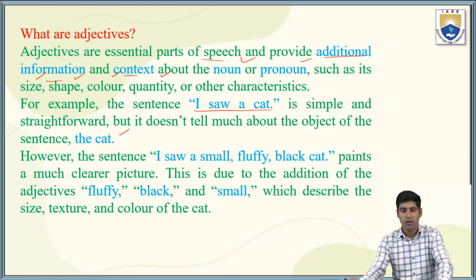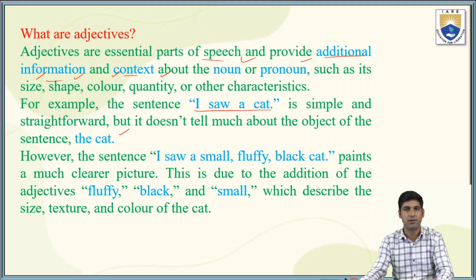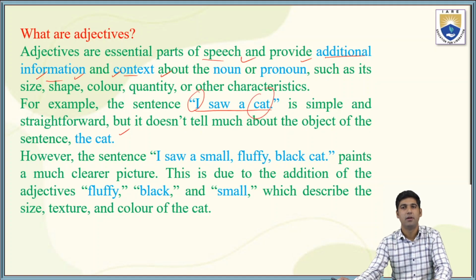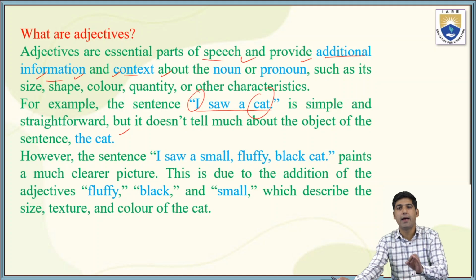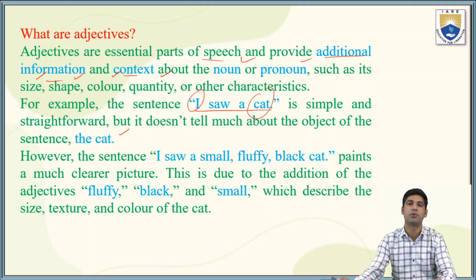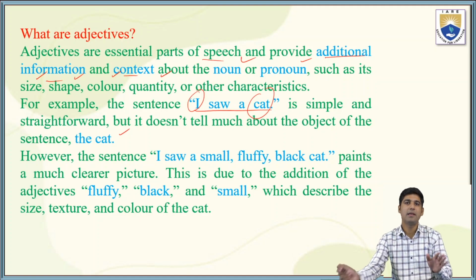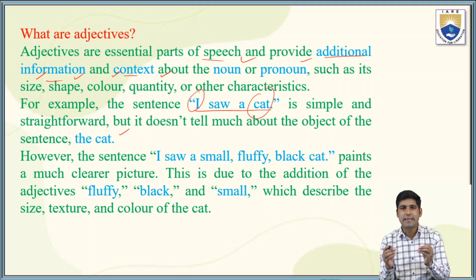We have one pronoun here, that's I, and we have a noun here, that's cat. But there is not a single word which gives us some extra information about I, pronoun, or cat, noun. Nothing is there. So it is a very simple sentence and a very straightforward sentence.